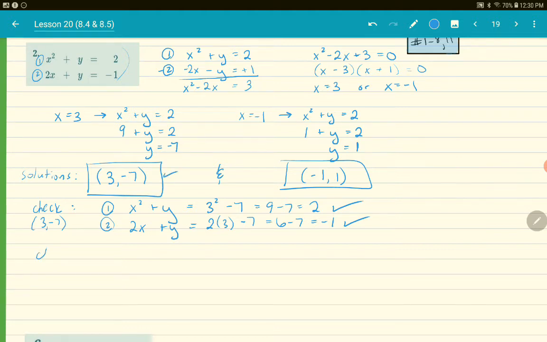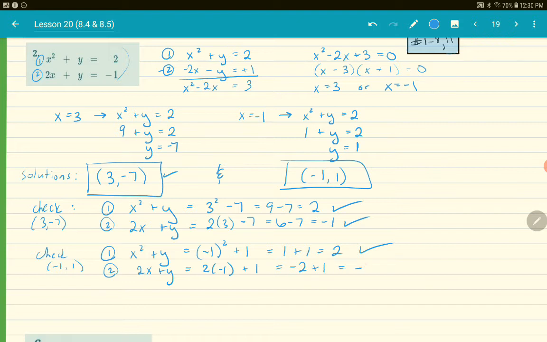And my other solution to check is the -1, 1. So plugging that into the first equation, I get x squared plus y equals -1 squared plus 1, which equals 1 plus 1, which is 2. So that's correct. And equation 2 was 2x plus y, which is 2 times -1 plus 1, which equals -2 plus 1, which equals -1.